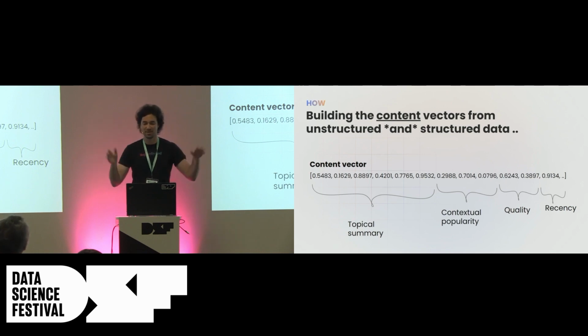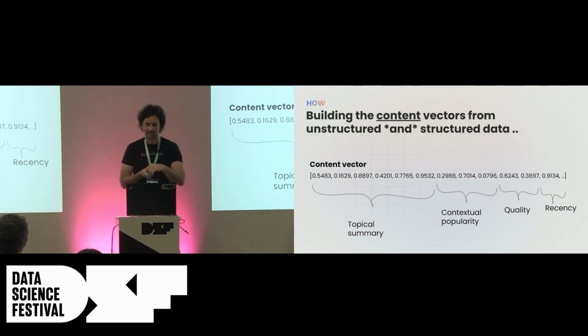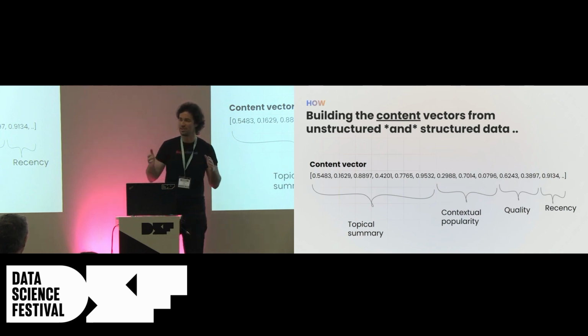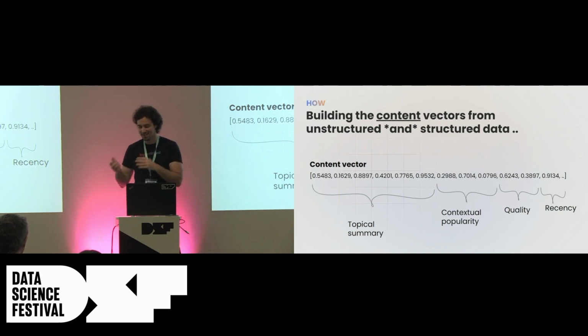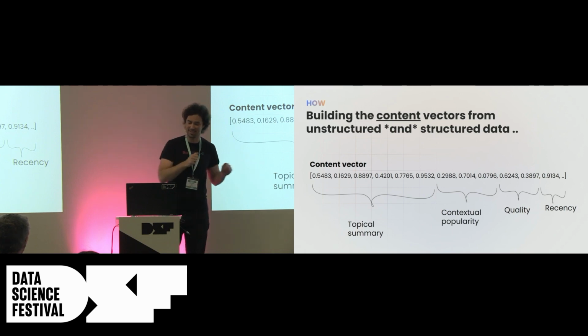In your previous generation information retrieval system, you would take into account a topical summary of the content, some sort of collaborative filtering or popularity-based signal, content quality, recency. You would take all these as features into your ranking model. But what I'm saying here is let's concatenate all these things into one big vector, and let the vector retrieval, the vector index, do the work of balancing between those objectives, basically, right?